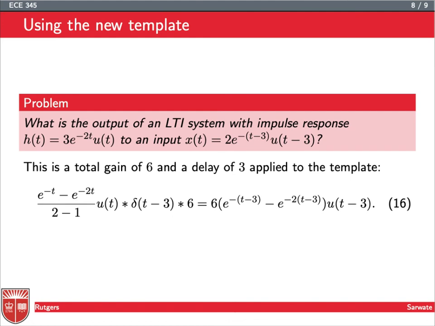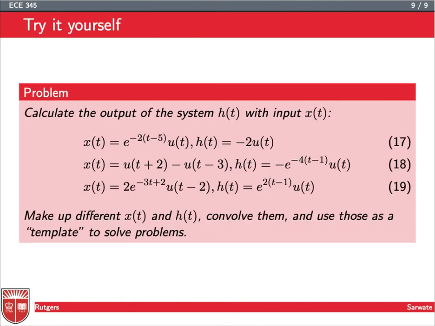So it takes a couple of times to practice this. What I think would be a good idea is, of course, to try these yourself. So why don't you try calculating the output of the system h of t with input x of t for these different combinations.